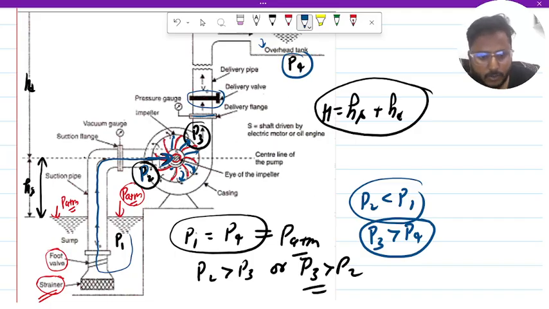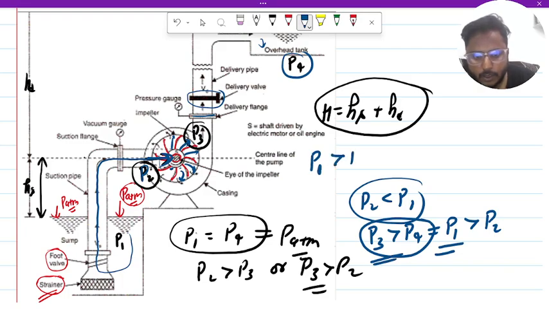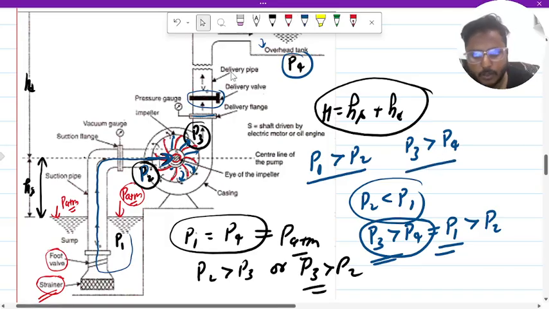P2 is less than P1, P3 is greater than P4, but P4 equals P1, which is also greater than P2. So we can write that P1 is greater than P2, and P3 is greater than P4. This relation can take place.